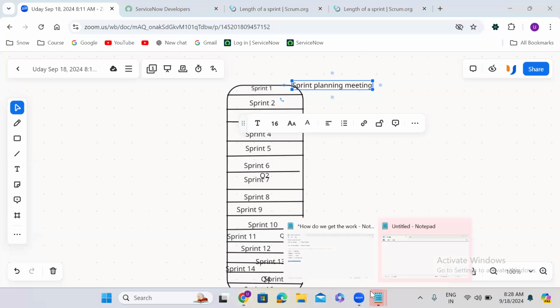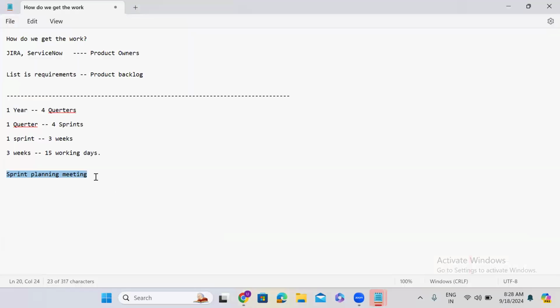And similarly, at the end of the sprint, there will be two meetings: the sprint demo meeting and the sprint retrospective meeting.